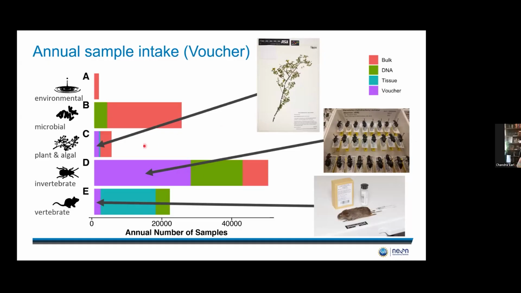So this includes, for the plants, your pressed plant specimens. For the invertebrates, this includes pinned beetles and mosquitoes. And it also includes those small mammal vouchers that we create as well. The pinned invertebrates are by far the largest intake that we get here, of course.